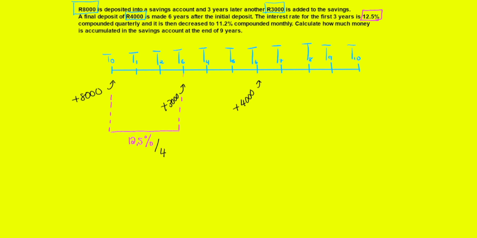Once the 3 years was done, the new interest rate came into power, and it was there for the remaining amount of years. This 11.2% was compounded monthly, so we divide by 12. Once that is done, you need to write that into your formula.